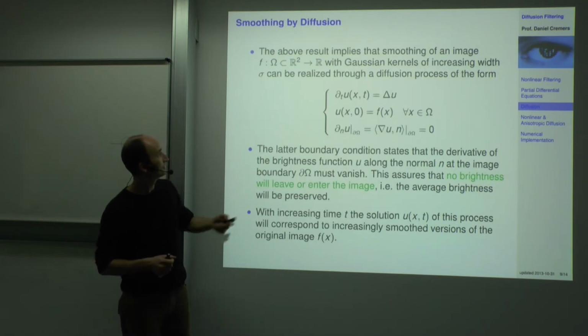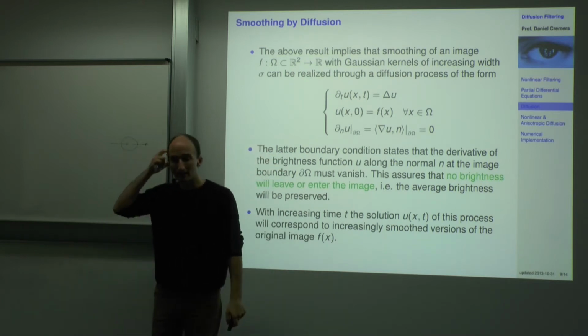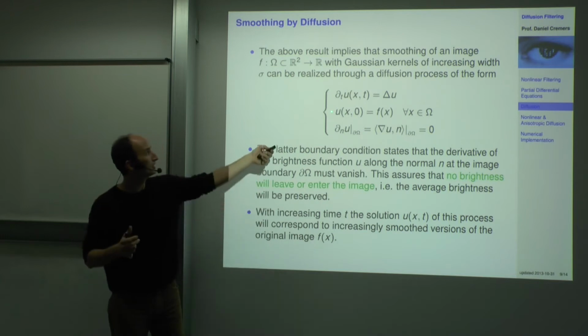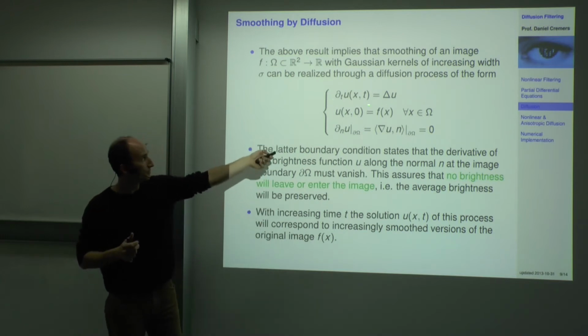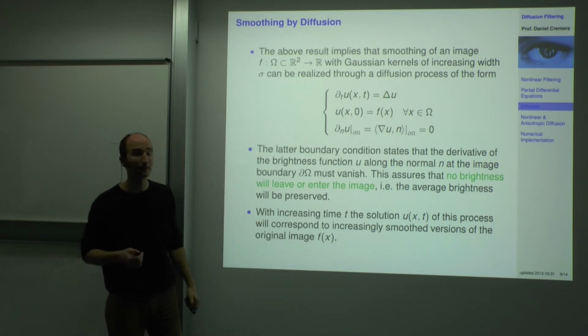In general, this is the diffusion process. It's characterized not just by the differential equation in more than one dimension. The linear diffusion, as I said, has the Laplace operator here, the second derivative operator in say n dimensions, 2 or 3 dimensions for images typically.